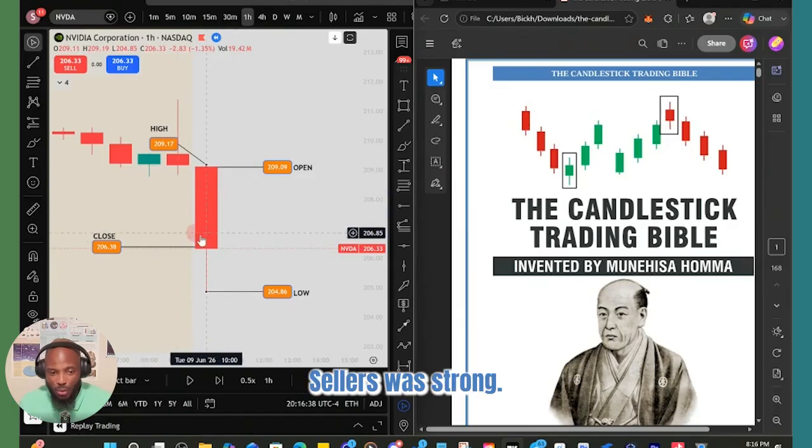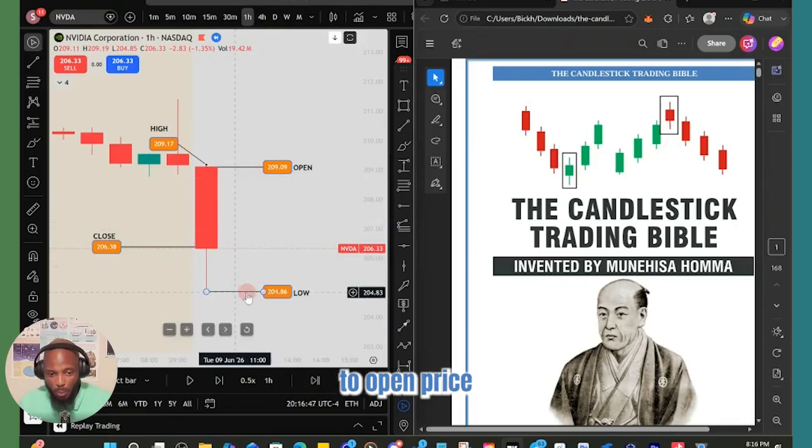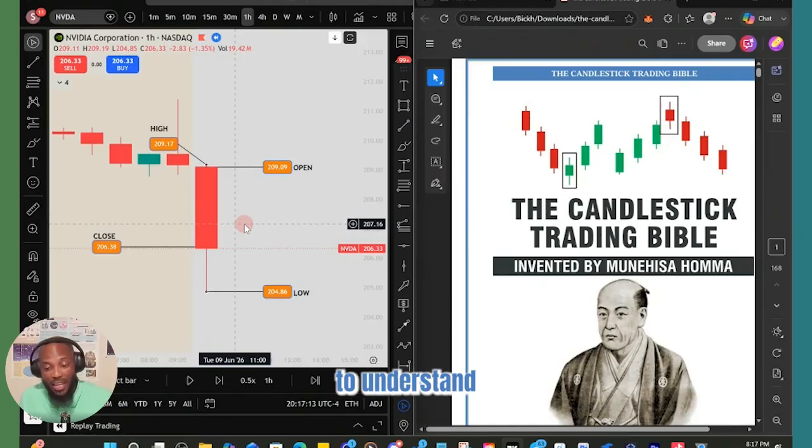But guess what? Sellers was strong, closing it at a 3-point candle. That is still more than 50% of the low to open price differentiation. The sellers won strong. Okay, that's important because I need that to understand what possibly could happen next.